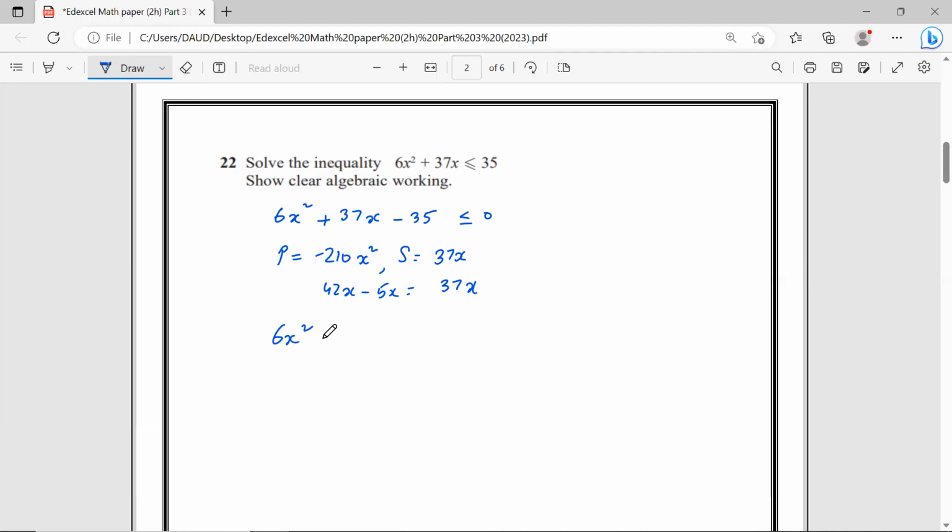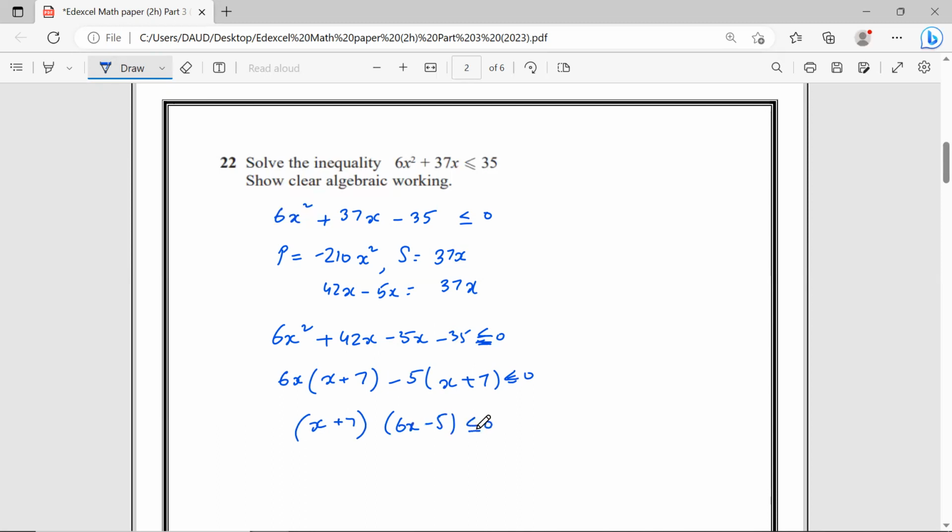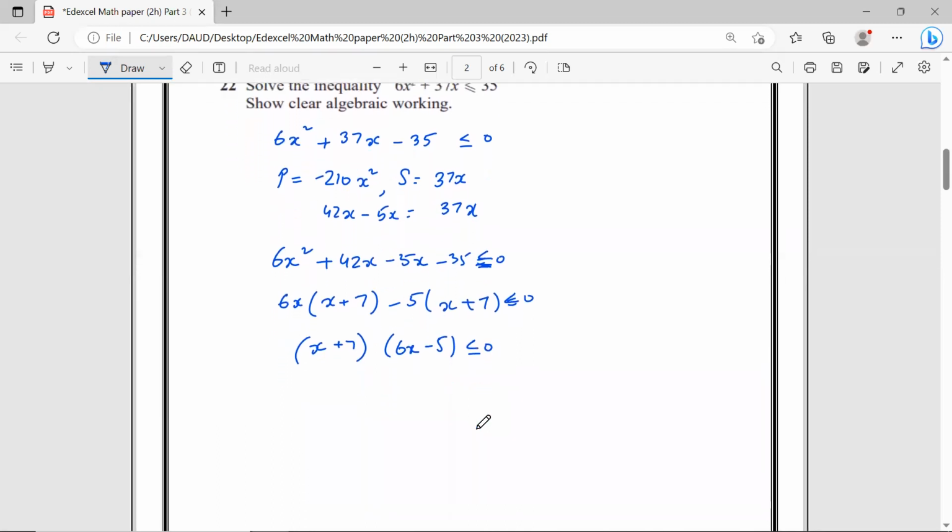So we can say that 6x squared plus 42x minus 5x minus 35 is less than or equal to 0. Here we have 6x common, so x plus 7 is common, giving x plus 7 and 6x minus 5 less than or equal to 0.